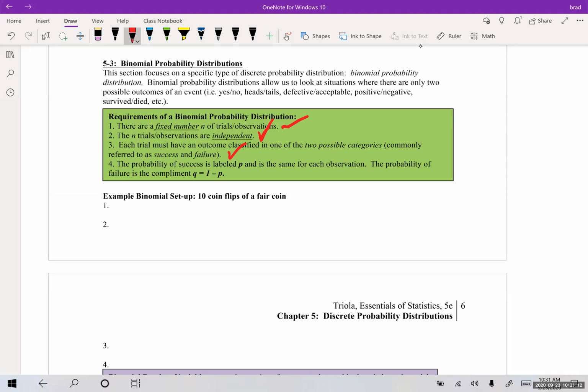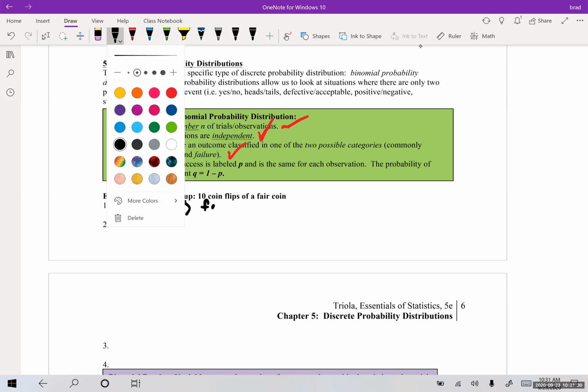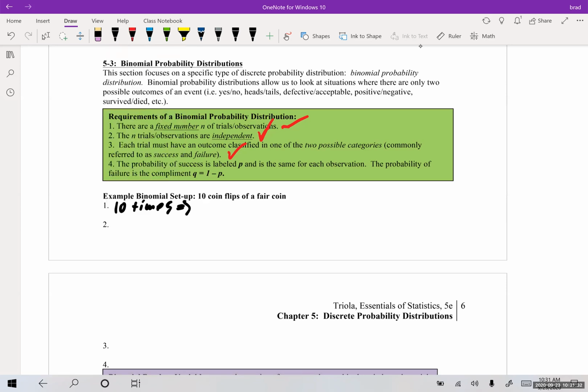So example, set up 10 coin flips of a fair coin, okay? So first thing is, this is 10 times, so it is a fixed number of trials, okay?